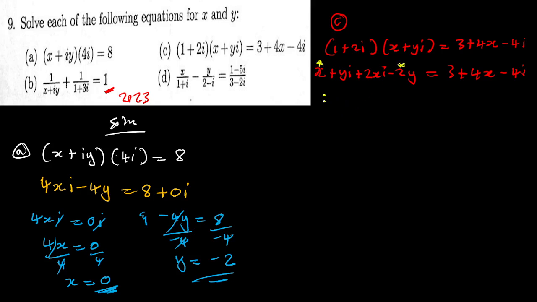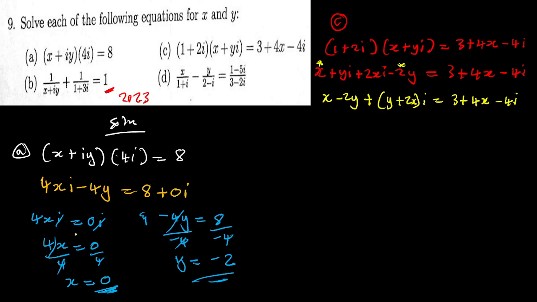So you're going to say x minus 2y, and then plus open brackets, this guy are imaginary parts, so you're going to have y plus 2x, of which I'll factorize an i outside. This is simply equal to these guys, which is 3 plus 4x, and then minus 4i.